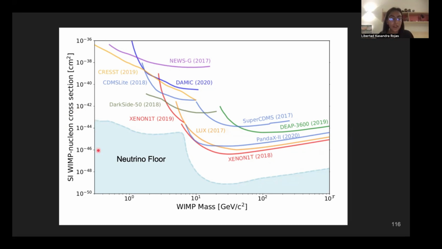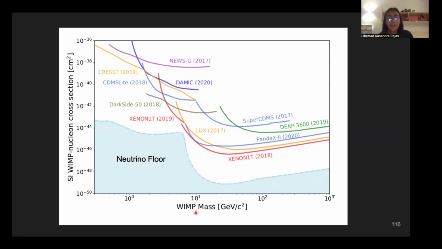Okay, so as you can see, the closer you get to what is known as the neutrino floor, which is just a space where we know we're going to detect neutrinos, the harder it gets. At this point, it is going to be very hard to detect dark matter once you pass this floor. But we're not going to focus on that right now. We're going to focus on this line here, which is the SuperCDMS, which is telling us that it can detect WIMPs, so dark matter candidates, that have a specific cross-section, so interaction rate, and have this specific mass.